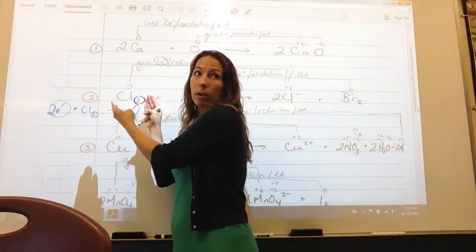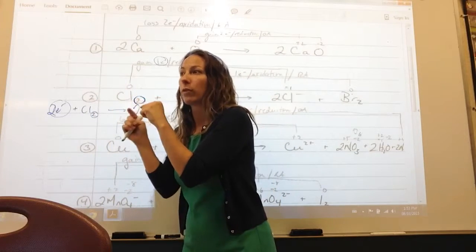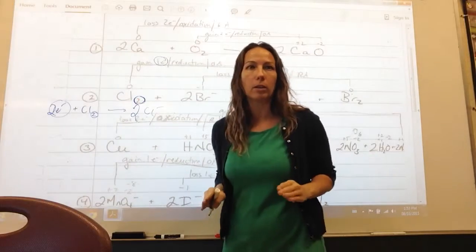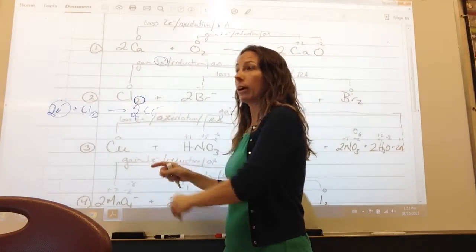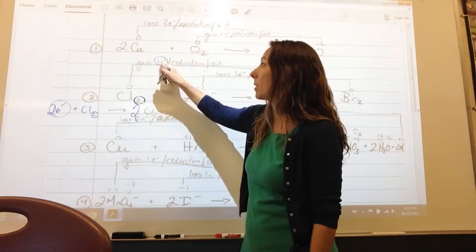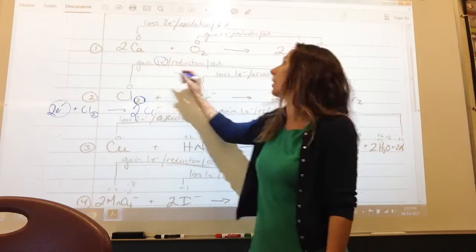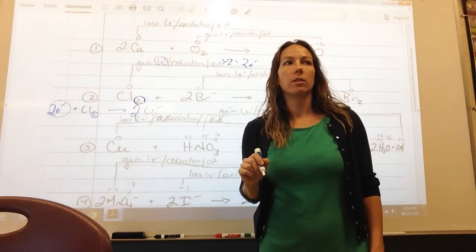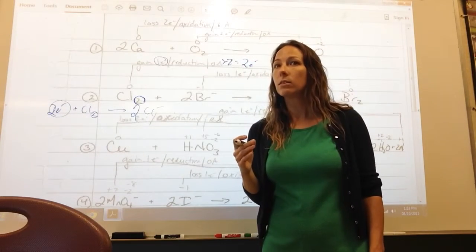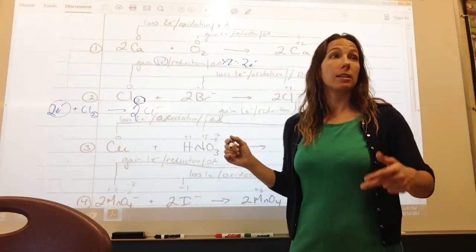Anyway, you get what I mean. So per group, how many Cl's have I got? 2. So therefore, how many electrons have I really gained? Not 1, but 2 electrons. Does that make sense?